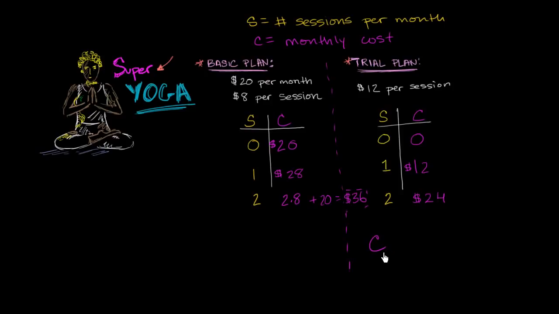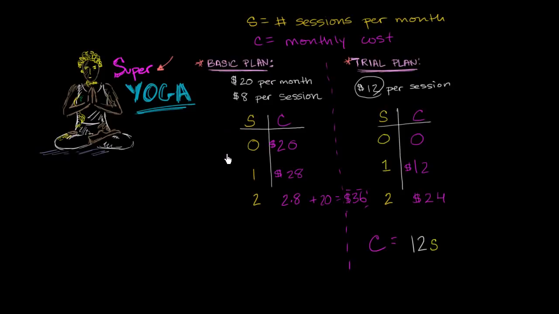Under the trial plan, our total cost is going to be equal to $12 per session times the number of sessions, times S. So I could say my total cost is equal to $12 times the number of sessions.